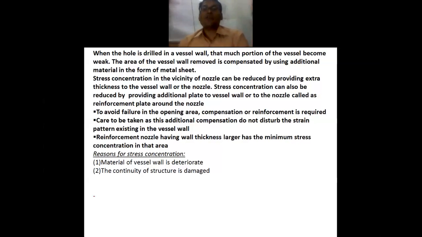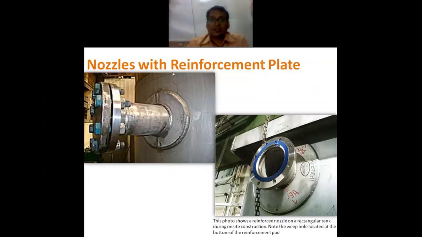So the area of the vessel wall removed is compensated by additional material in the form of a metal sheet that is added.